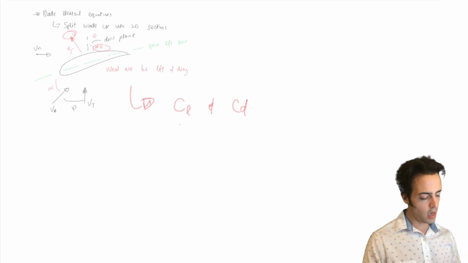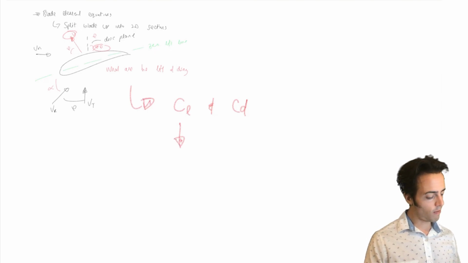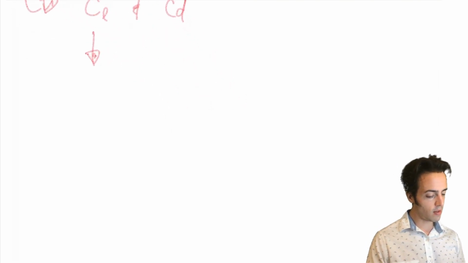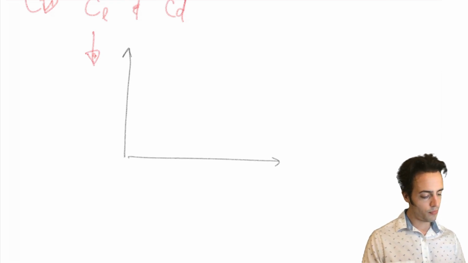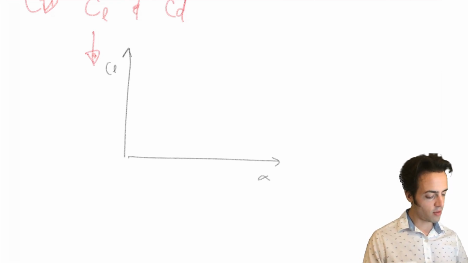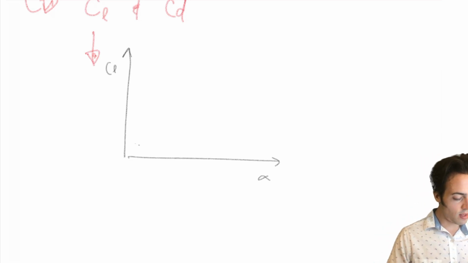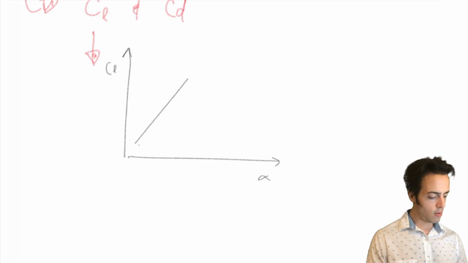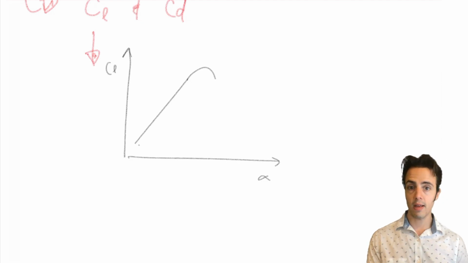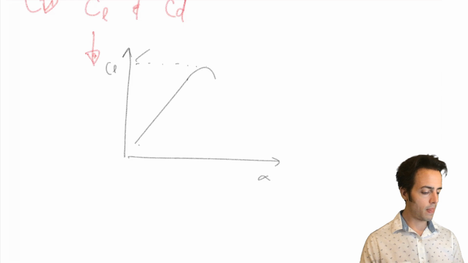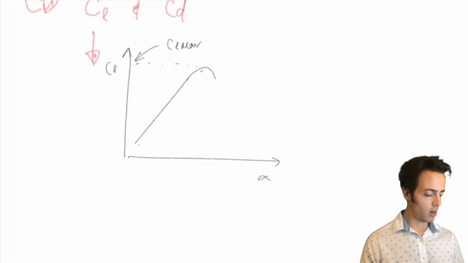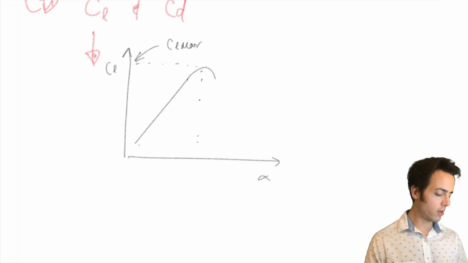Now we have an idea about what the lift coefficient is from two-dimensional aerodynamics. If we were to look at lift coefficient versus angle of attack, we'd see some linear increase and we'd see some stall occurring at some angle. This gives us our CL max and our corresponding stall angle.